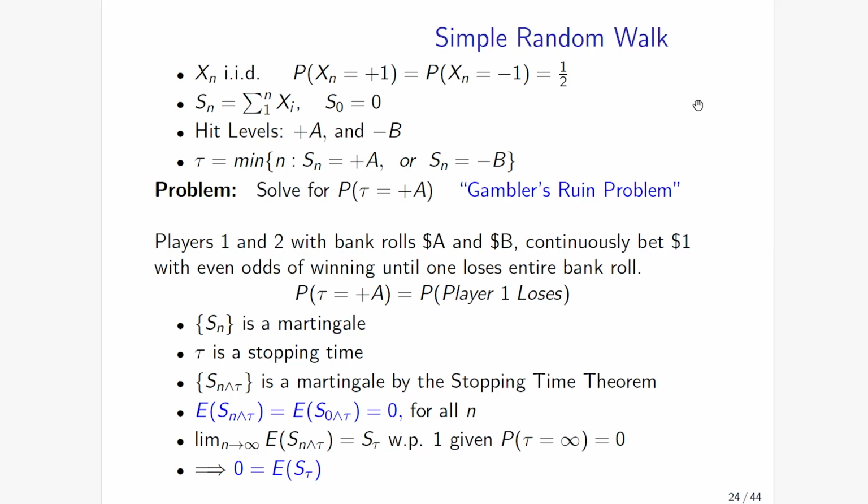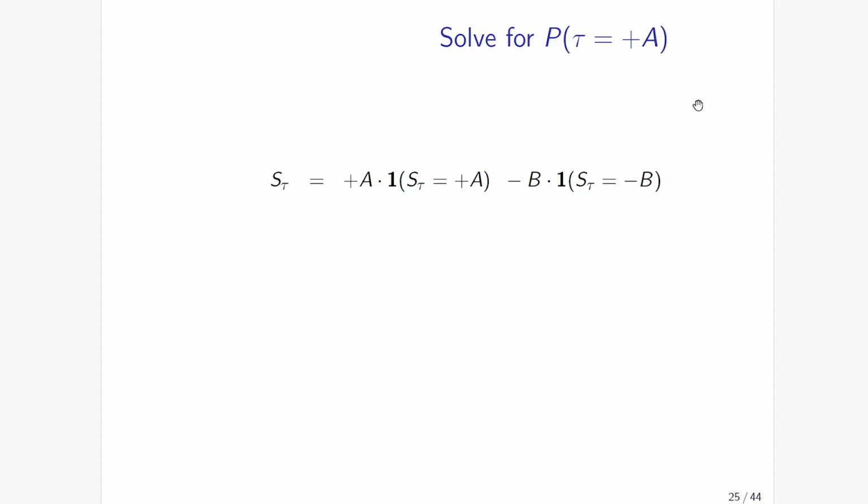But if we assume that these results are valid, then we have 0 is equal to the expected value of S tau. And if we write out what S tau is, at the stopping time tau, it's either going to equal A times the indicator of S tau hitting A, or minus B times the indicator of the stopped value equaling minus B. If we take expectations of this equation, we have 0 is equal to A times the probability that we hit the level plus A, minus B times the probability that we hit minus B. Those probabilities are complements of each other.